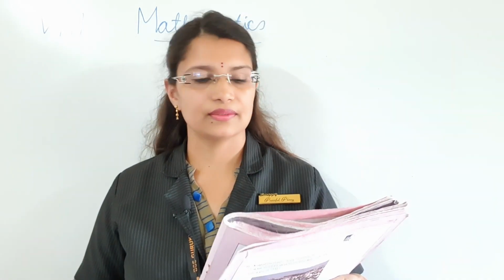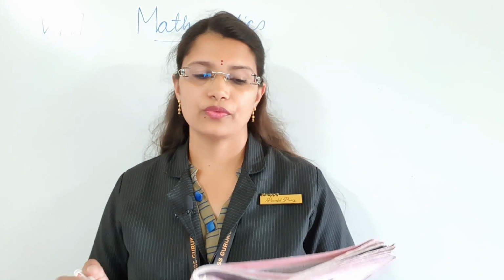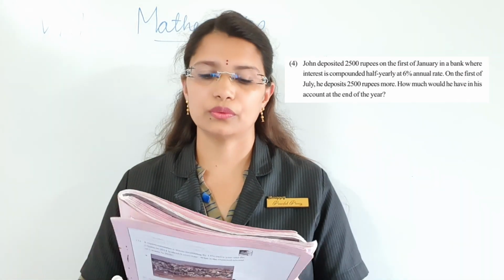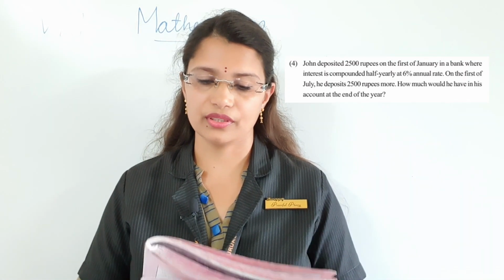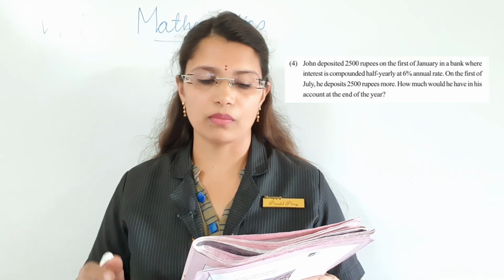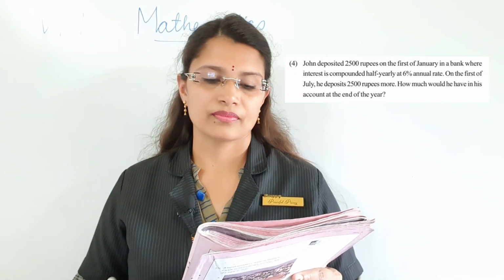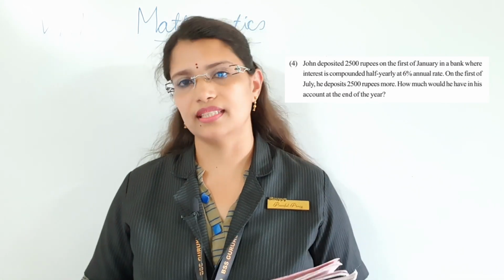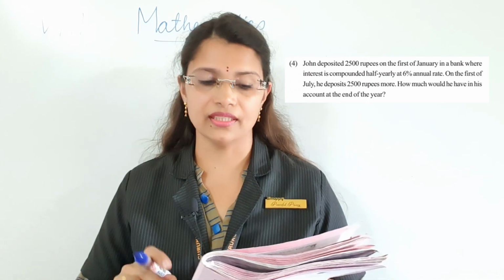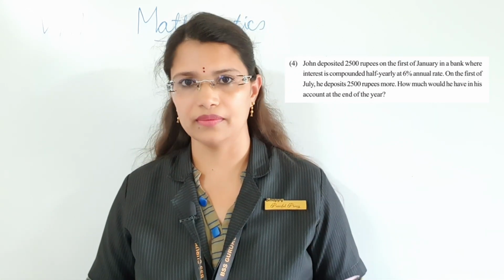Okay, children, today we are going to do the fourth question of the same exercise. This is the question. John deposited 2500 rupees on the 1st of January in a bank where interest is compounded half yearly at 6% annual rate. Annual rate is 6% and it is compounded half yearly.